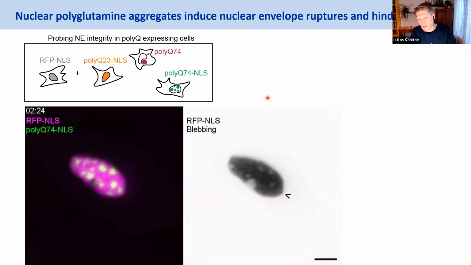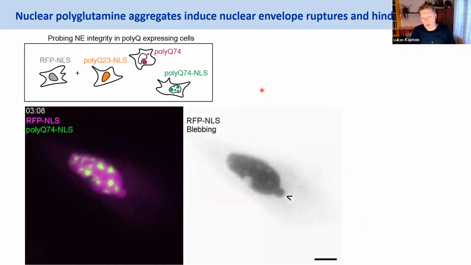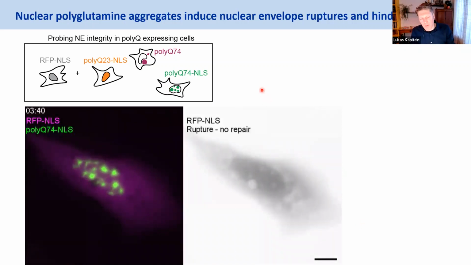This is very interesting. Of course, it can have huge impact because the cell, in principle, tries to keep the nucleoplasm and the cytoplasm separated from each other. And so here's the quantification.